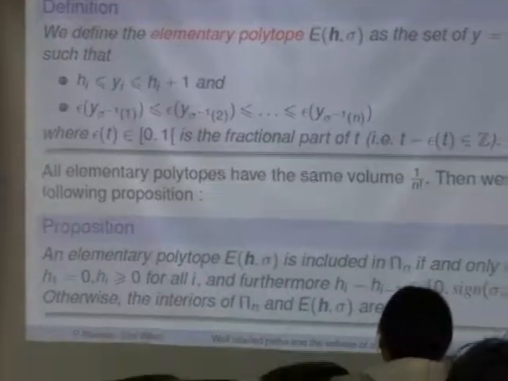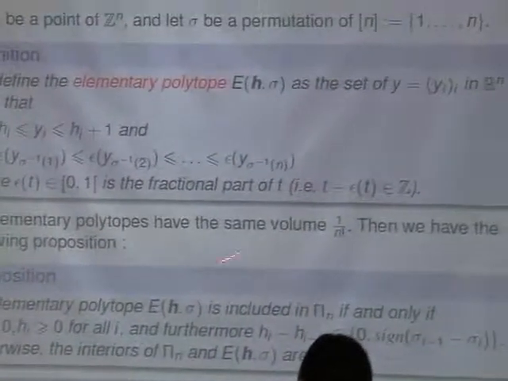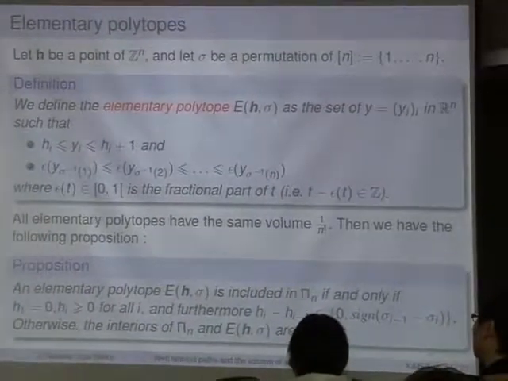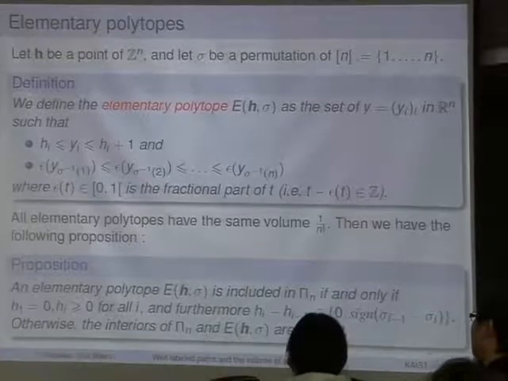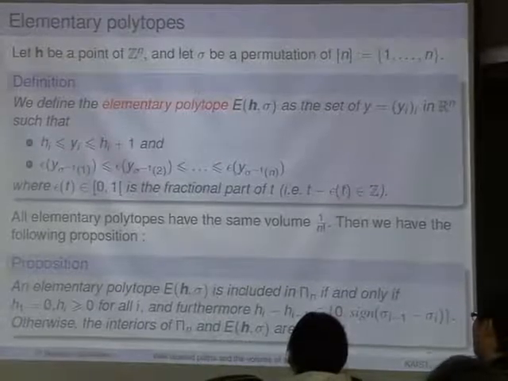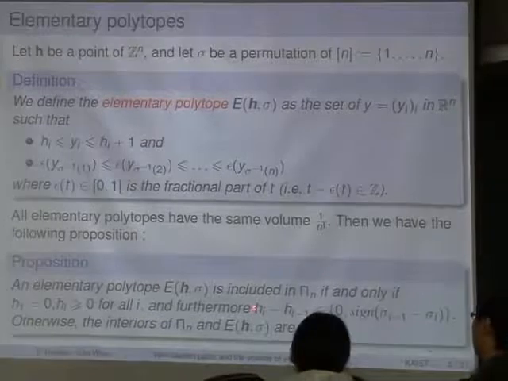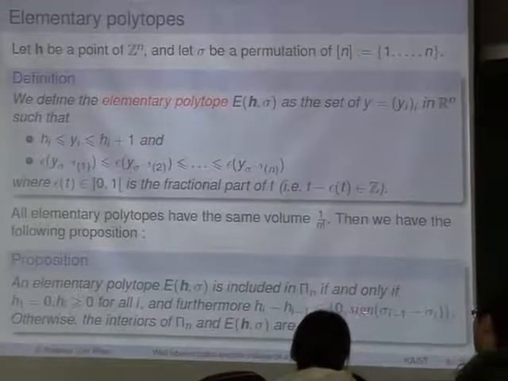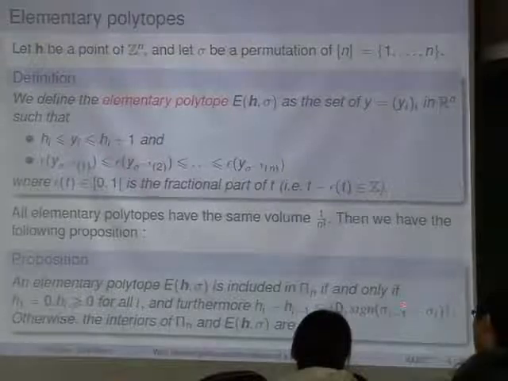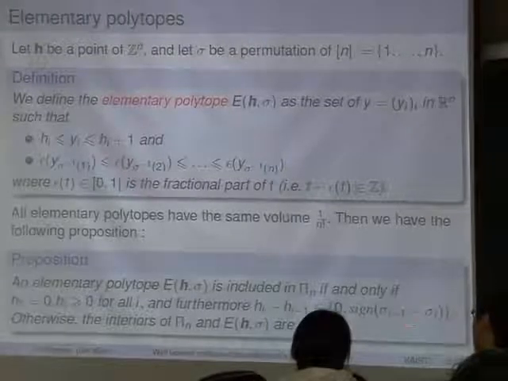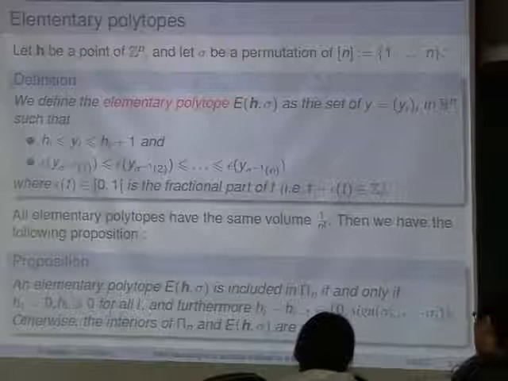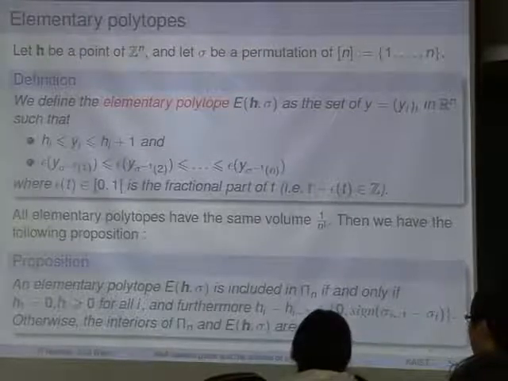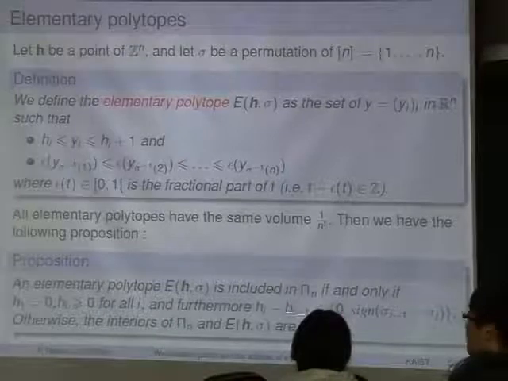Can everyone see? It's included in P_n if and only if H_1 equals 0, all the H_i are positive, and you have this strange condition over here: the difference between H_i and H_{i-1} is either 0 or the sign of the difference sigma_{i-1} minus sigma_i. Sign is 1 if this quantity is positive, and minus 1 if this quantity is negative.